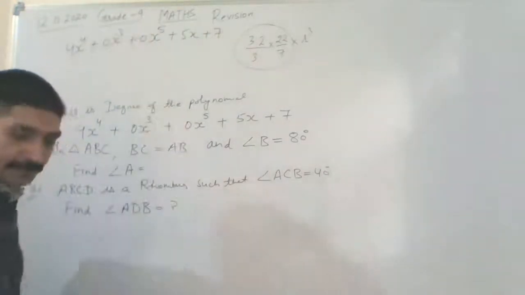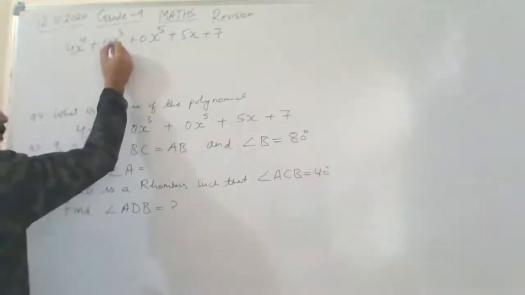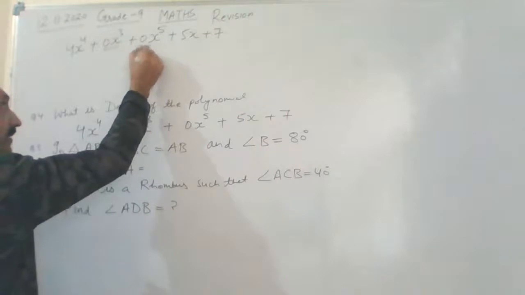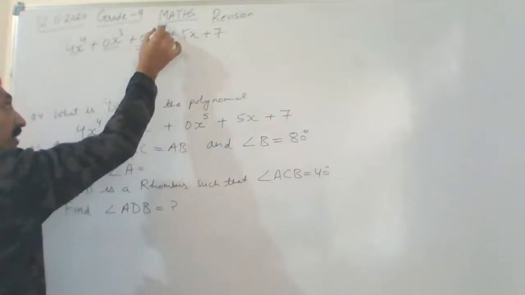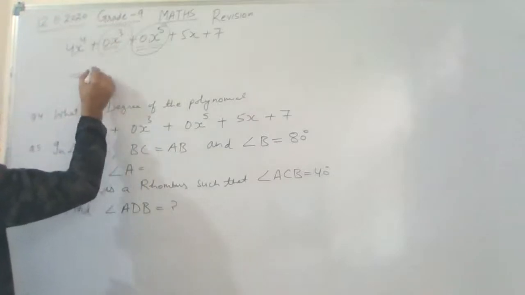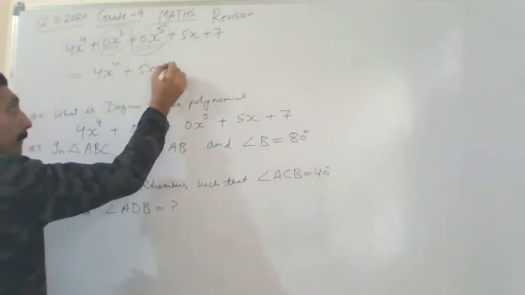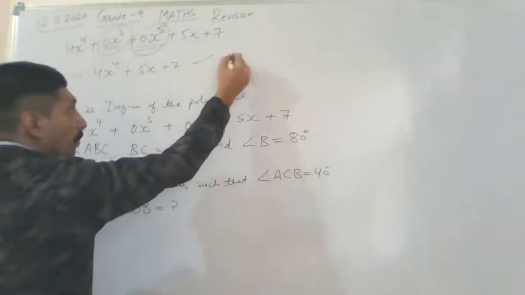This is the polynomial here. Please check 0. The coefficient is 0 here and this is 0 here. So when we multiply with 0, these terms will become 0. Actually, the polynomial is this one. Now what is the degree of the polynomial?